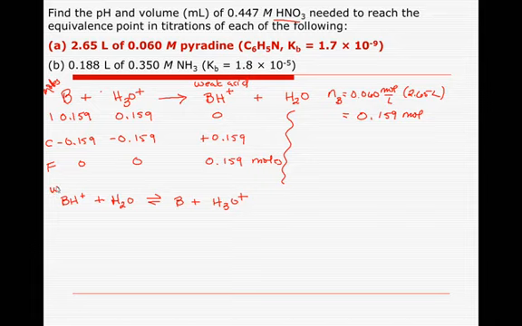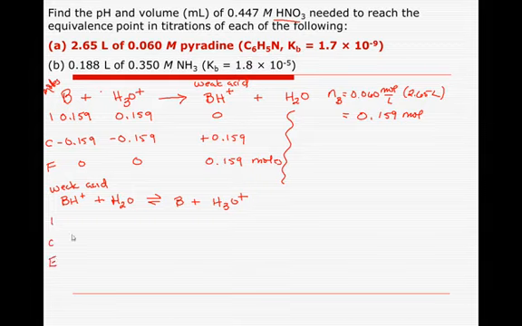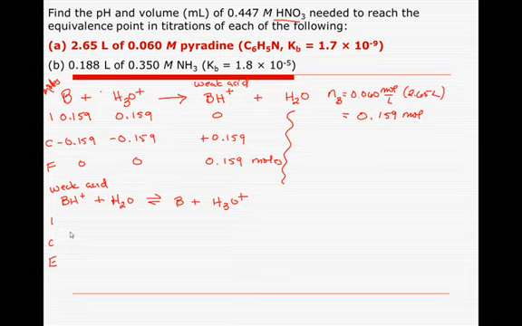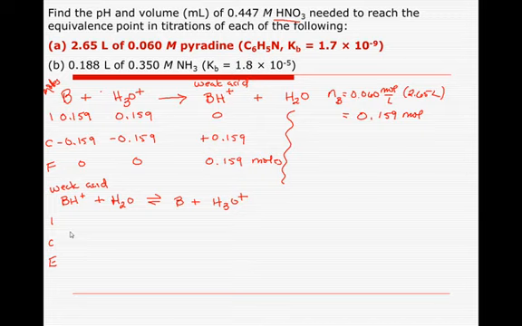I will keep in mind that this is a weak acid, and as such it has an equilibrium, and as such it has an ICE table, and as such we need to plug molarity into this table. Well, I don't know molarity. In order to get molarity, I'm going to have to figure out the total volume in there.